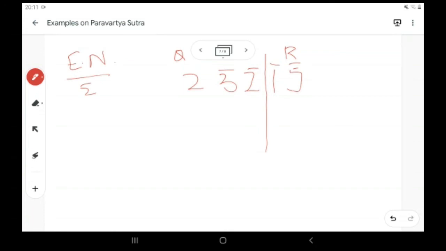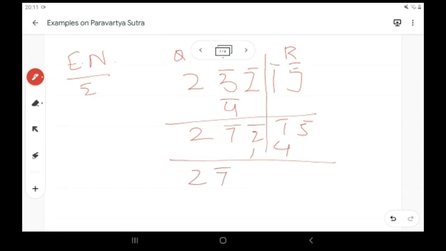So 2 bar into 2, you get 4 bar, you add it here, this again makes it 7 bar, 2 bar, 1 bar and 5 bar. So 2 bar into 7 bar, that's -2 into -7, that will be 14. You're supposed to add 14 to the other two digits, so you get 2, 7 bar, 1 bar because 2 bar plus 1, and 1 bar plus 4, that's 3, and 5 again.